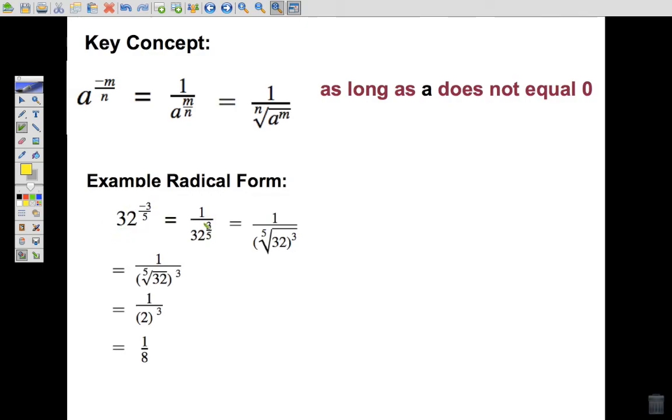So now I have 1 over 32 to the positive 3/5. I'll make 5 my root, the 5th root of 32 to the 3rd power. That's all in my denominator. I don't know what 32 to the 3rd power is, so I'm going to assess first what the 5th root of 32 is, and that's 2. Now I can take 2 to the 3rd power. My simplified answer would be 1/8.